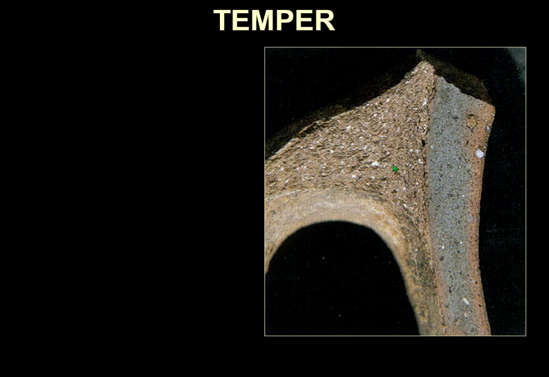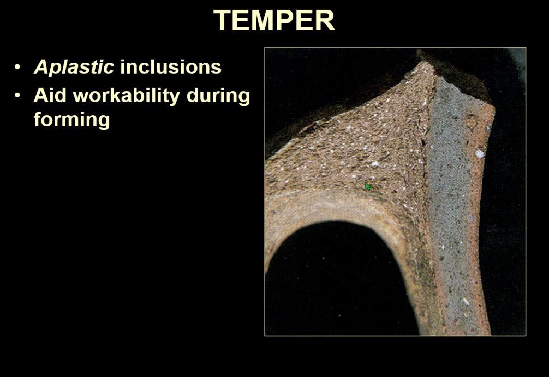So temper, as I was saying, is sometimes called aplastic inclusions, to be distinguished from the plastic inclusions, which is the clay minerals. They have a number of reasons to be added to the paste. One is they aid the workability during the forming and construction of the pottery, to actually make it into a jug or a bowl or whatever.